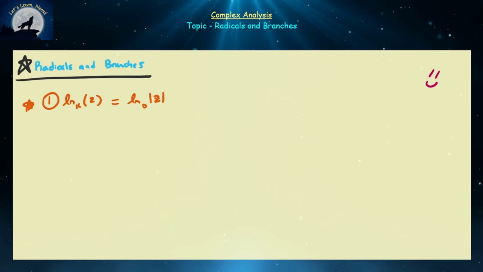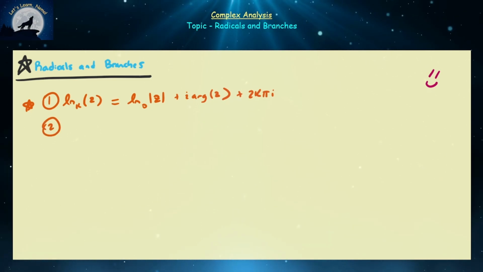And we were able to prove that the natural log of z under the branch of k is equal to the natural log of the magnitude of that complex number, provided it's not 0, plus i times the argument of that complex number plus 2k pi i. And keep in mind the 2 pi i was the periodicity for the exponential function.